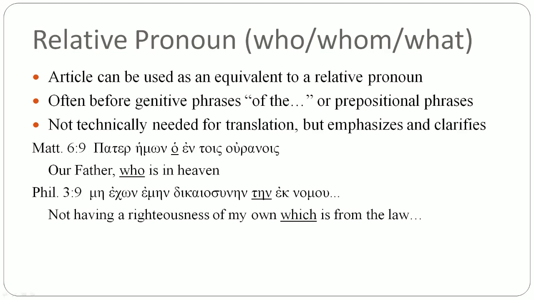But the who slows the whole thing down. It restates Father, and just clarifies exactly who we're talking about. Notice again, this is before a prepositional phrase, en tois uranois, in heaven.